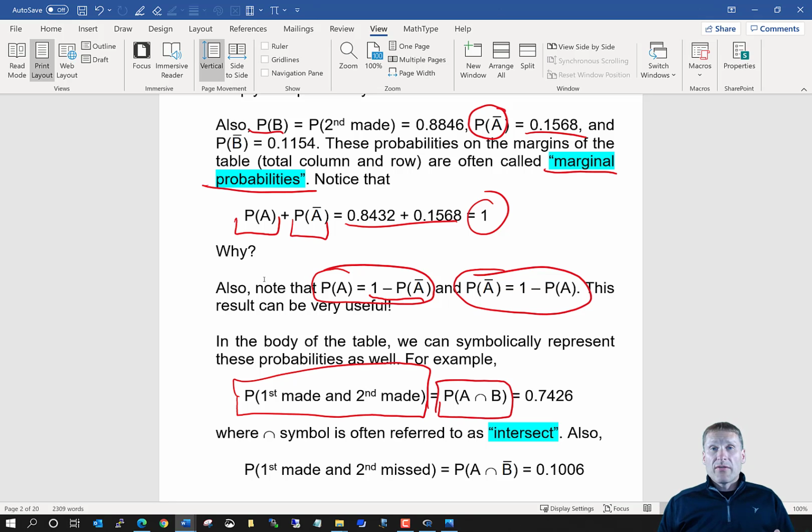The probability of A, and then we have an upside down U. This actually is the intersect symbol. The probability of A intersect B, meaning when they are both together, is 0.7426. Sometimes you'll see people extend over this, and that we saw there as well.